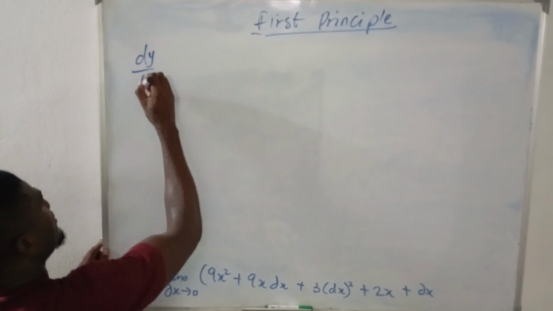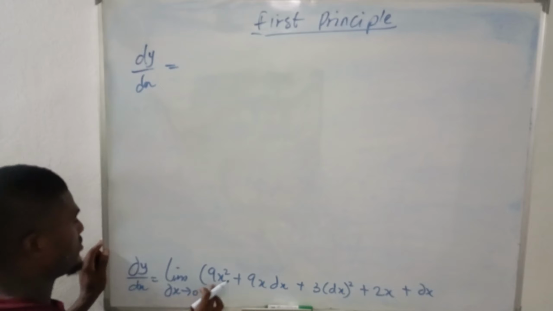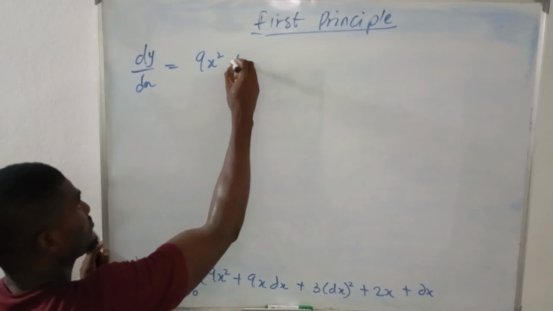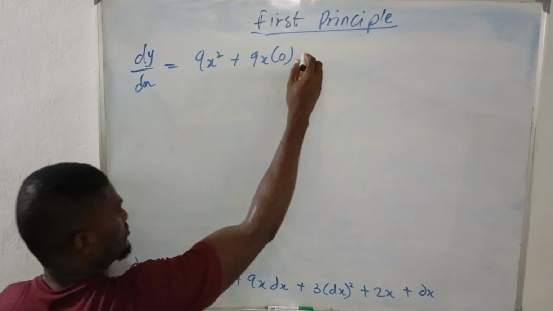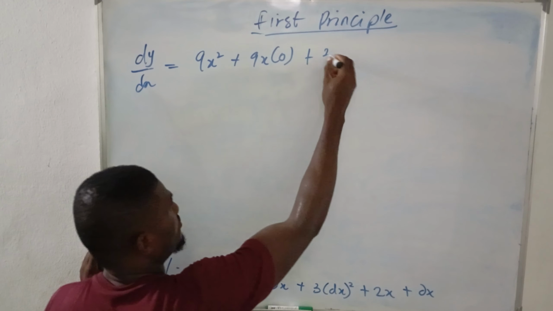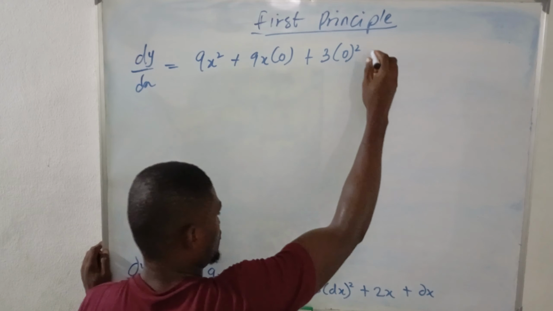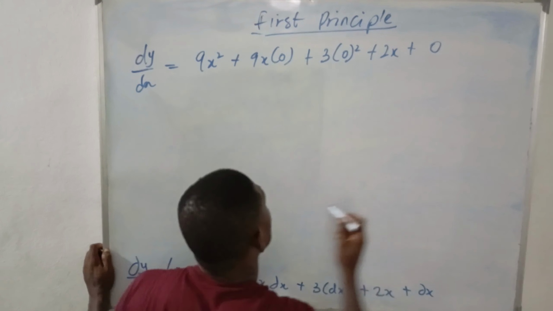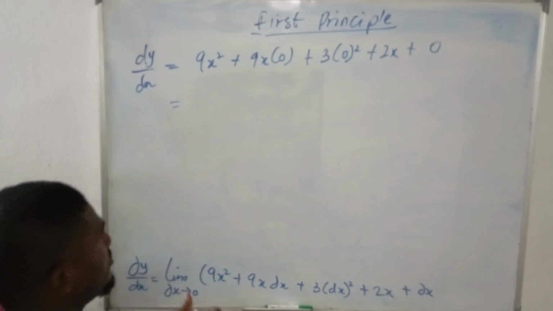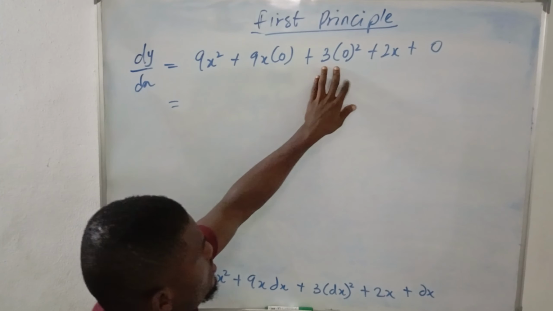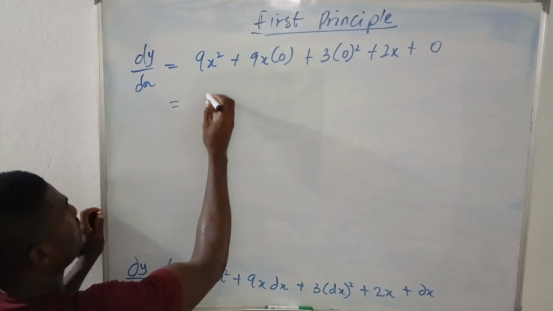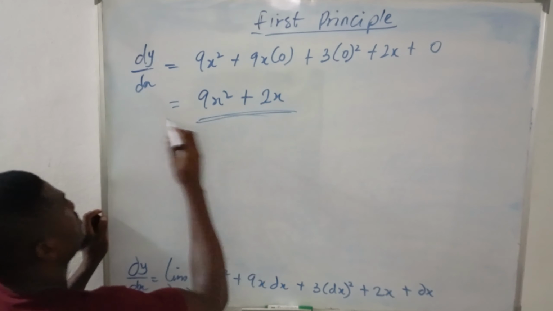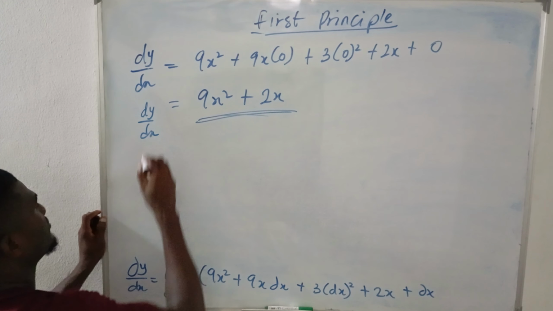So we now have dy/dx equal to 9x squared plus 9x multiplied by 0 plus 3 multiplied by 0 squared plus 2x plus 0. All right, so we know that this term will be 0, this will be 0, and this one will be 0, and we are left with 9x squared plus 2x, and this would be the answer.